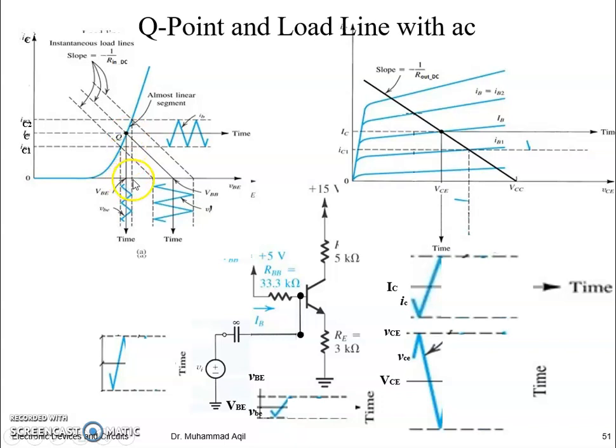As total VBE increased, IC increased, and this increase in IC will make more contribution across these resistances, because I into R is the voltage of these resistances. So an increase of these voltages means that the voltage across VCE will decrease to have a sum total equal to plus 15 volts.